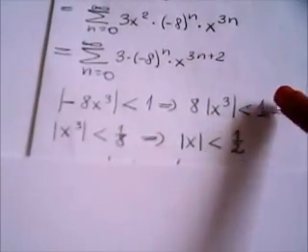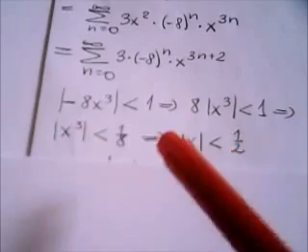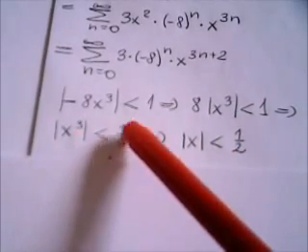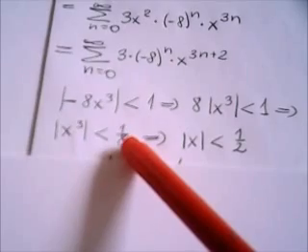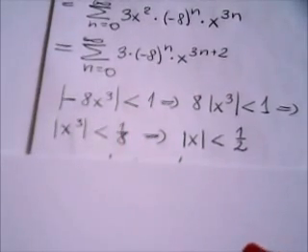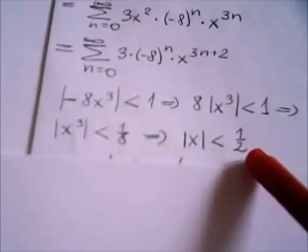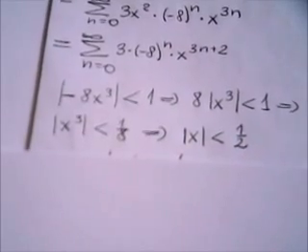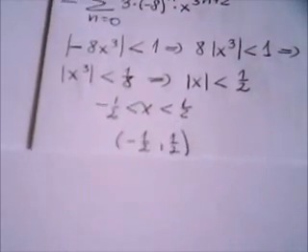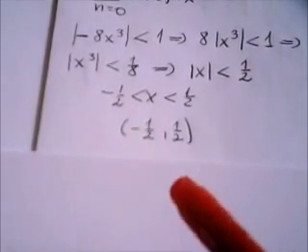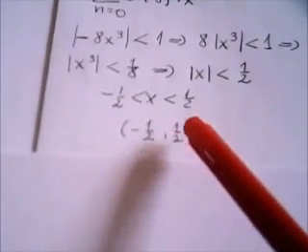Now I divide by 8 and obtain absolute value of x cubed is less than 1 over 8. And finally, I have absolute value of x is less than 1 over 2. In conclusion, our interval of convergence is minus 1 over 2, 1 over 2.